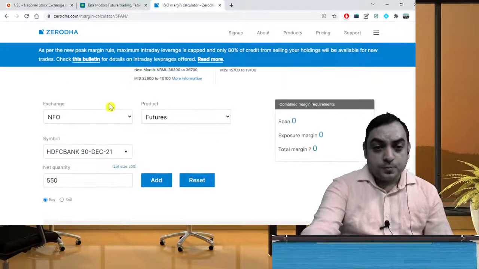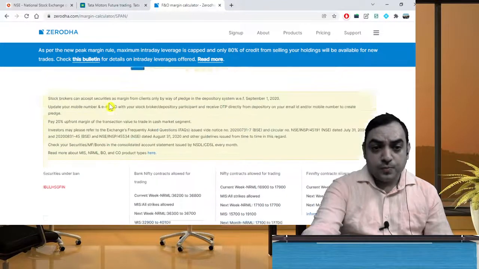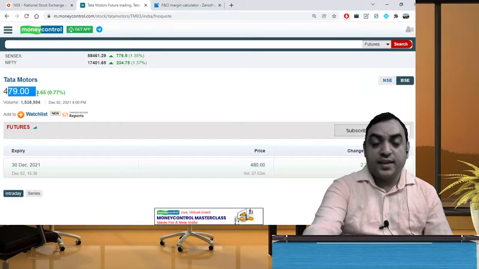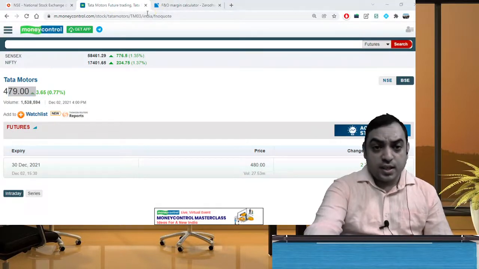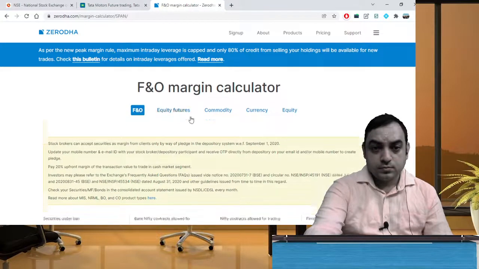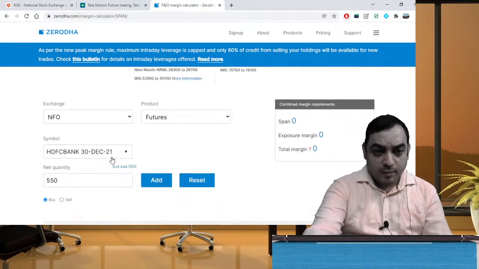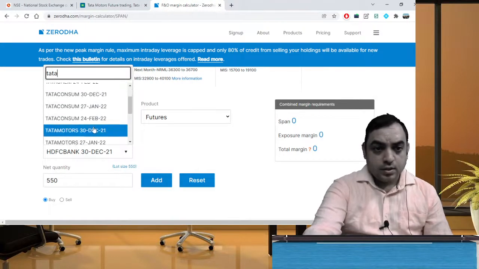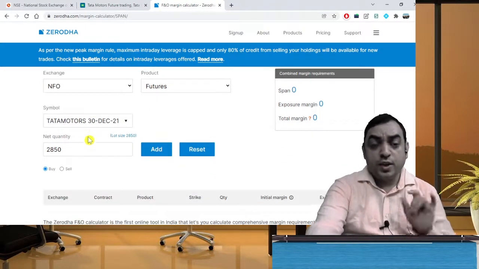Okay, now what was the number we talked about? Tata Motors has got 479, right? Now, what is the amount required? Okay, now coming back to Tata Motors, 30th December 2021, 2850.